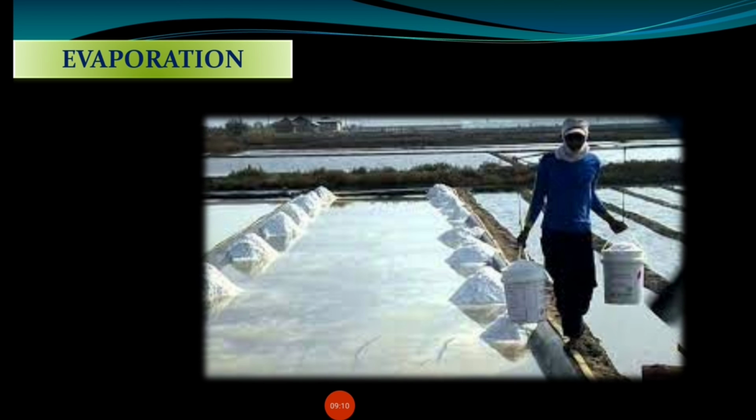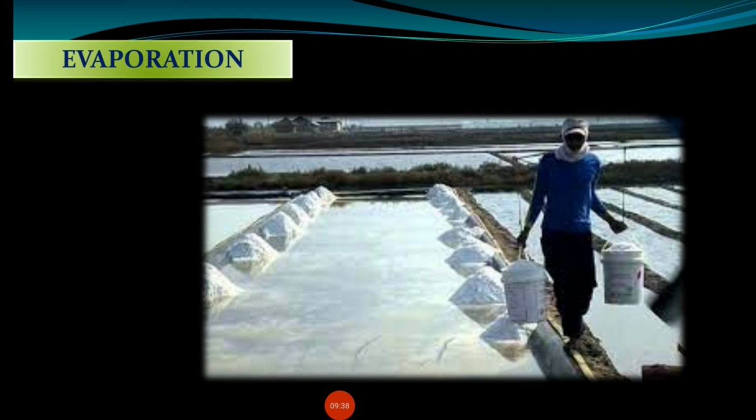Many other salts are also dissolved in it. In order to separate common salt from the seawater, it is trapped in shallow pits and left in the sun for a long time. The sun's heat evaporates all the water, leaving the salt behind. The mixture of salts is then purified to obtain common salt.